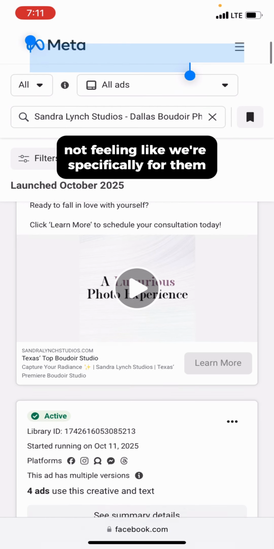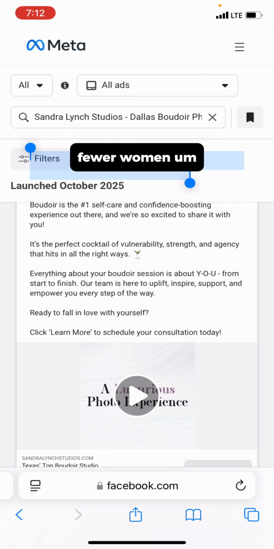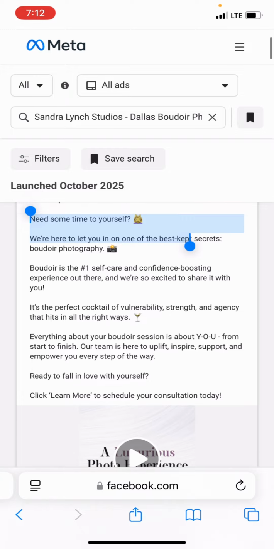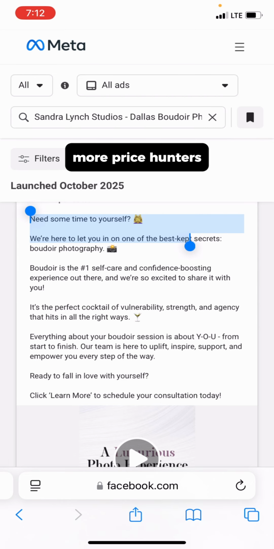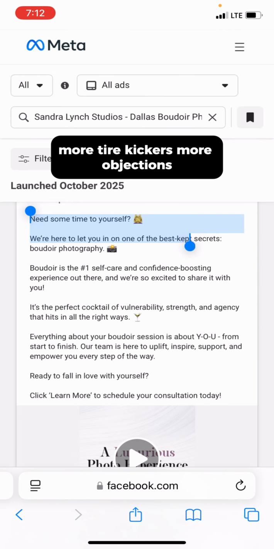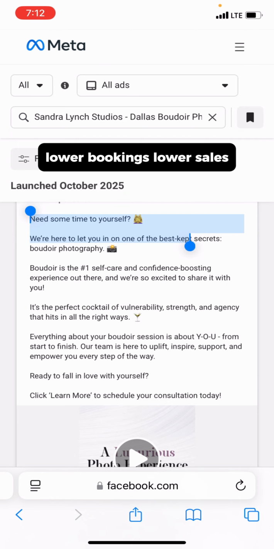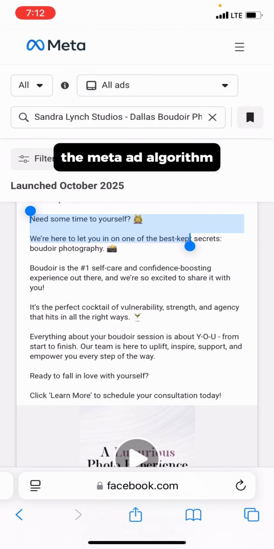Women are scrolling, not feeling like we're specifically for them. So that's fewer women consuming the ad copy, fewer women becoming pre-qualified, fewer qualified leads, more price hunters, more tire kickers, more objections, more ghosting, lower bookings, lower sales, lower conversions, all feeding back into the Meta ad algorithm.